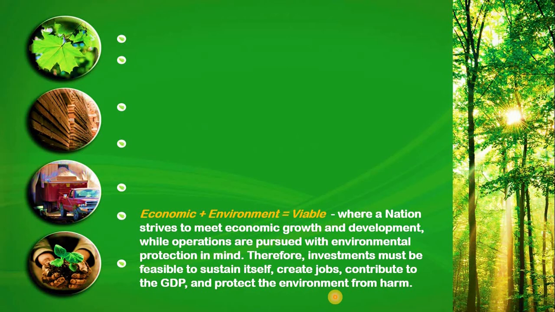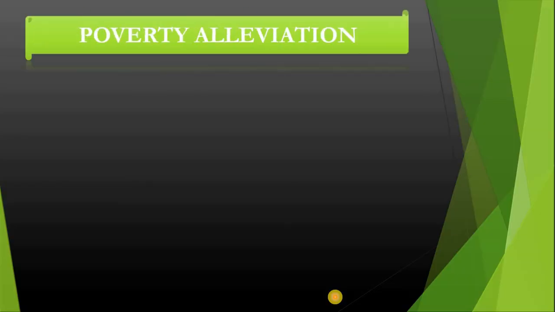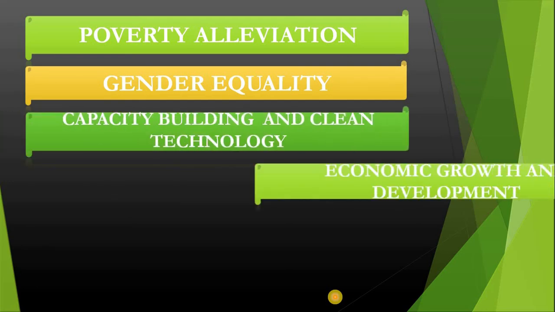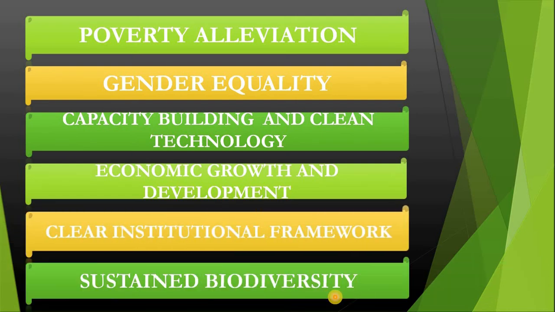Thus, by achieving sustainability, we must find a balance between the three pillars in relation to being viable, equitable, and bearable always, thereby fostering, through sustainable development, poverty alleviation, gender equality, capacity building and clean technology, economic growth and development, a clear institutional framework, and sustained biodiversity, that means protection and conservation of ecological services.